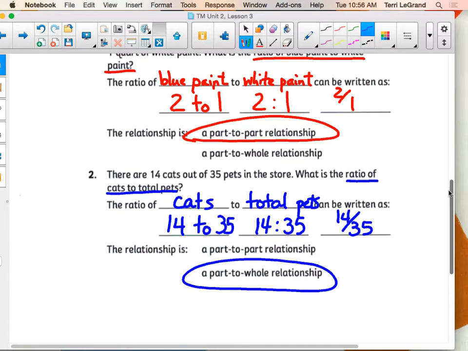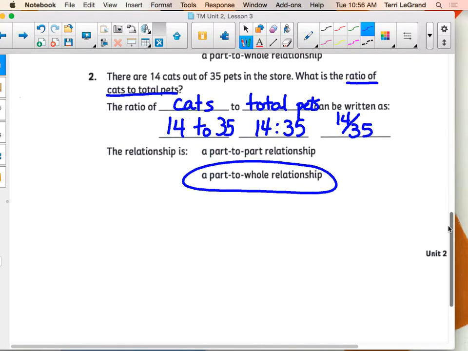No, it's written like a fraction, but is it truly a fraction? No, because it's a part-to-part. Fractions cannot be part-to-part relationships, okay? So we have to make sure that we understand the difference.